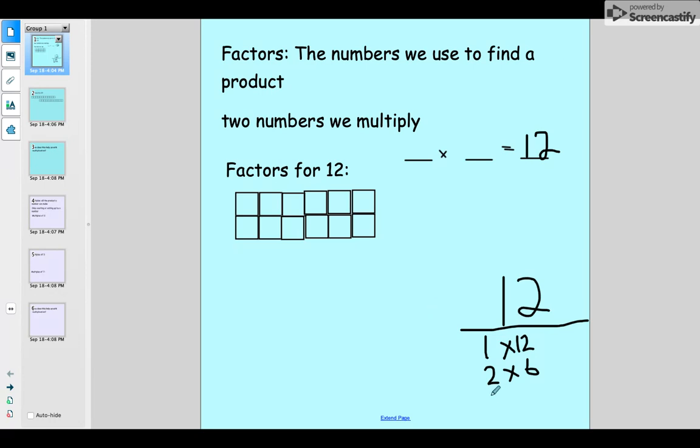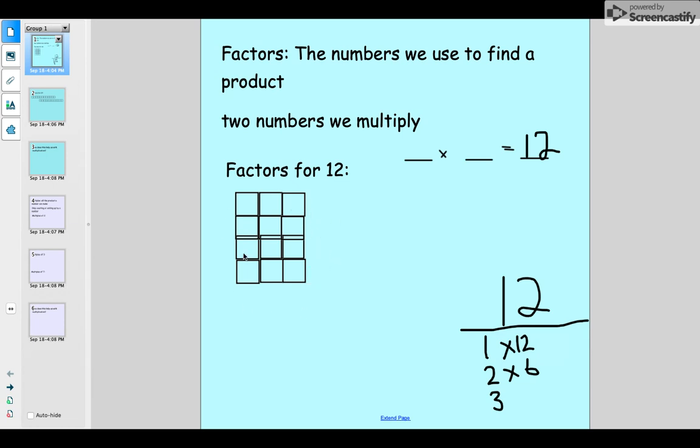Now I'm going to try 3 to see if 3 works. So I'm going to move some blocks over to see if I can figure this out. And sure enough, across the top, I've got 3, and going down the side, I have 1, 2, 3, 4.